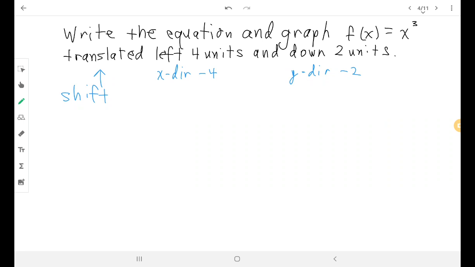And then we want to graph it also. So let's remind ourselves of a couple things. It might even be easier. It's totally easier to sketch out first, right? So the parent function is p of x equals x cubed, which, if you go back, looks something like that.